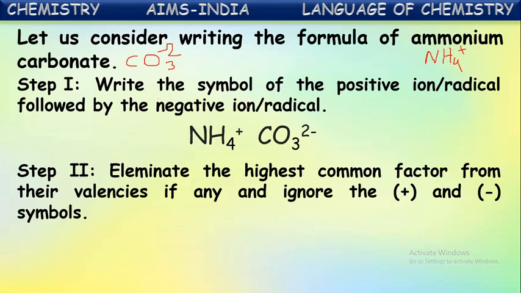Here the valency of NH4 plus is 1, and in carbonate 2 minus the valency is 2. No common factor comes here, so we won't eliminate anything. Then we skip to ignoring the positive and negative symbols. Then they become NH4 1 and CO3 2.